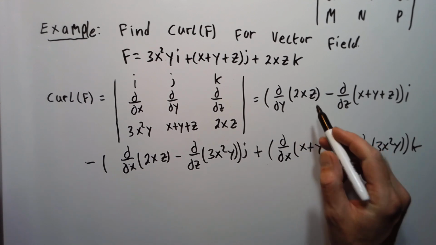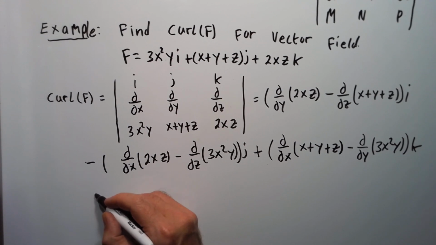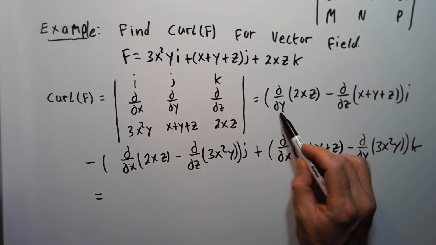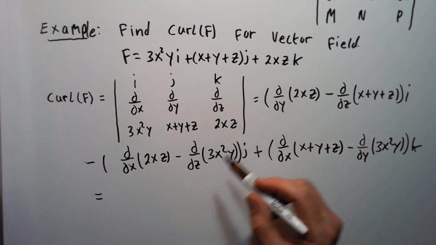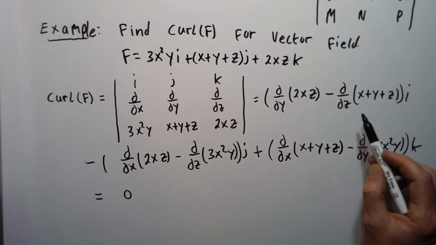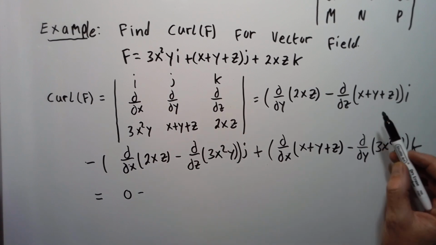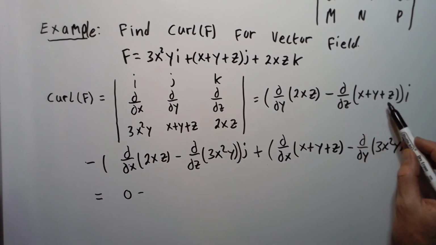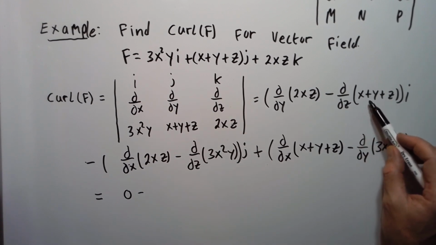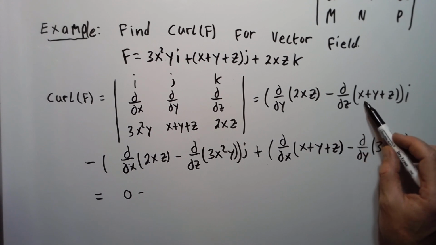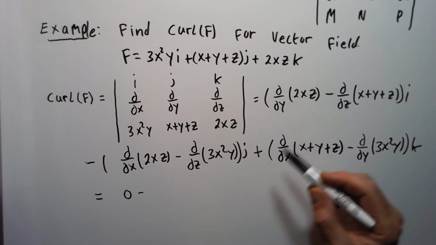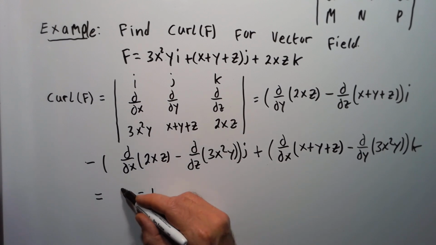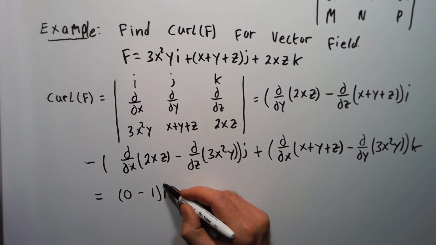Looking at the top guy up here, partial y acting on 2xz, well there's no y there, so it'll be 0. Then minus partial z acting on x plus y plus z, well x and y are constants with respect to z, so they're gone, so it'll be just 1 here. So it'll be minus 1 i.